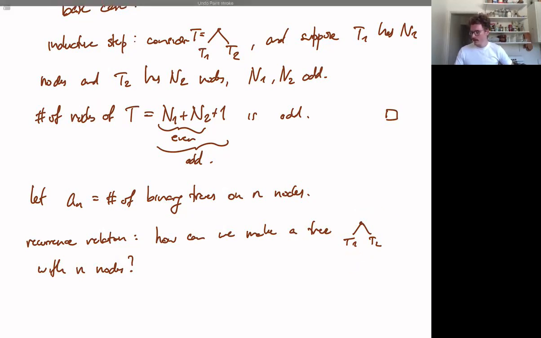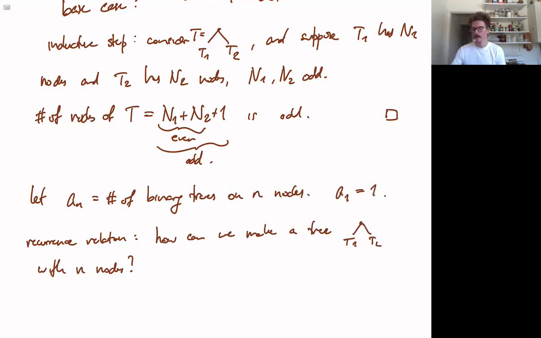Or let me say, we need somewhere to start our recurrence relation. So a1 equals 1. So now I've got a foothold to start from. Or let me say a1 equals 1 and a2 equals 0. We might need 2 base cases.